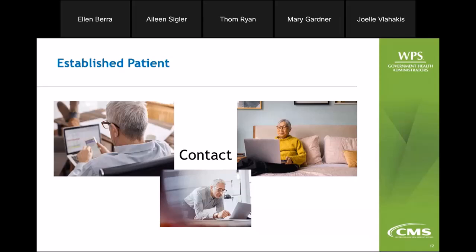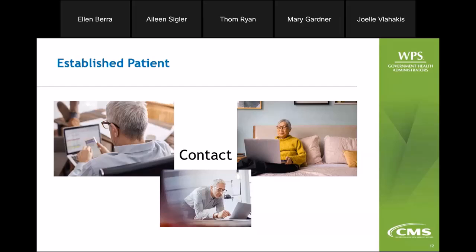You document during that initiating visit that you discussed CCM. And there's a whole list of things that you need to make sure are documented. The consent, providing patients with what CCM is, how this is going to benefit them, both for their health care and for monetary.